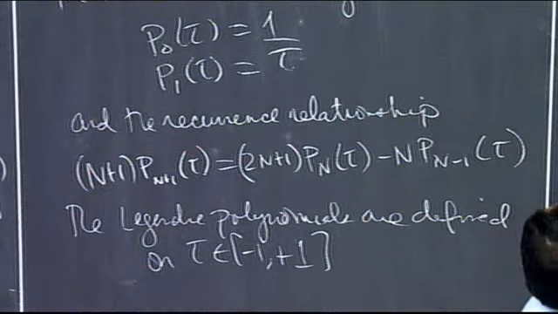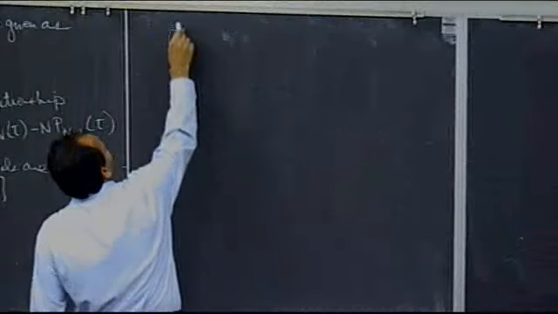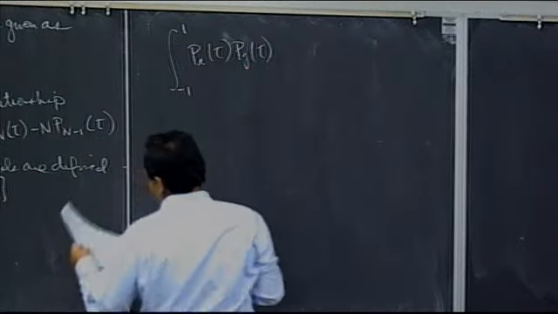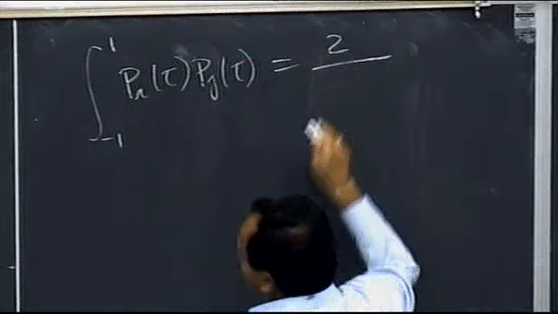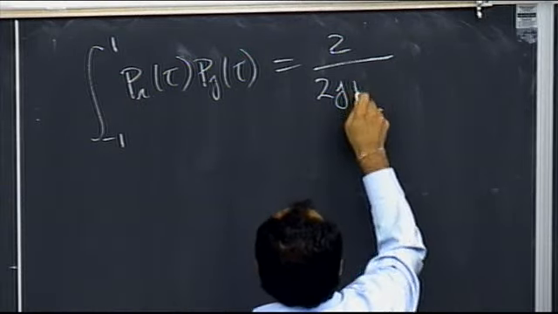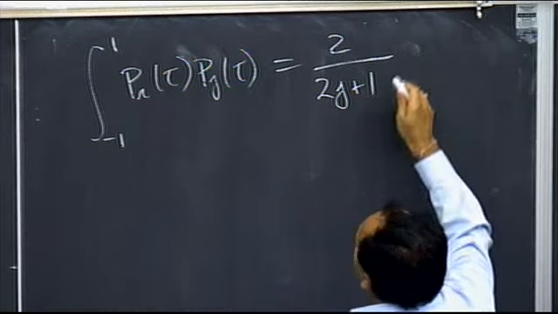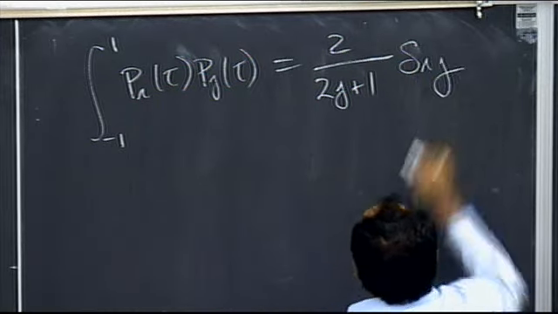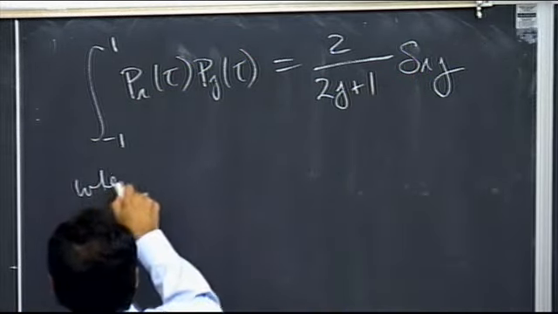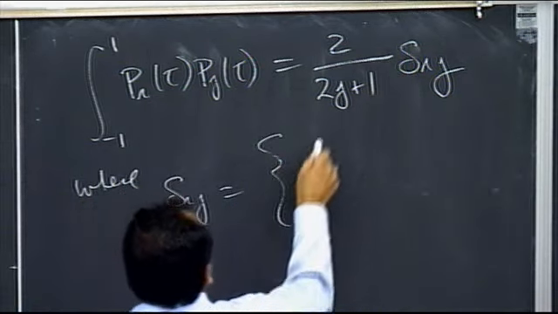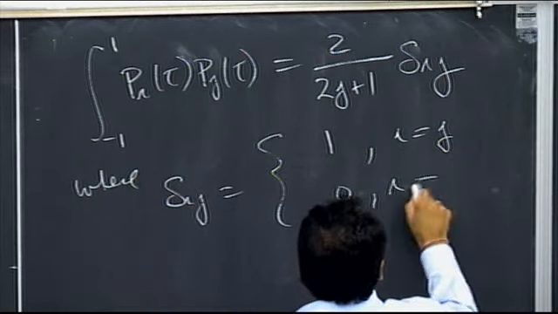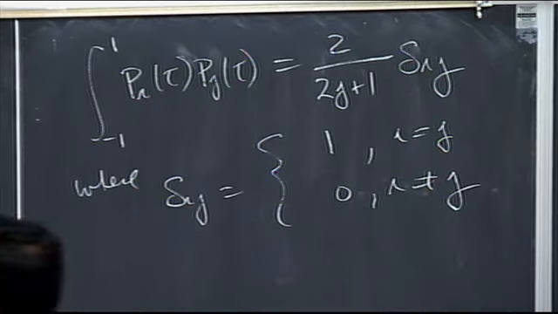And they have the property that the integral from negative 1 to 1 of Pi of tau, Pj of tau, is equal to 2 over (2j plus 1) times delta ij, where delta ij is equal to 1 if i is equal to j and 0 if i is not equal to j. So they're orthogonal to one another.